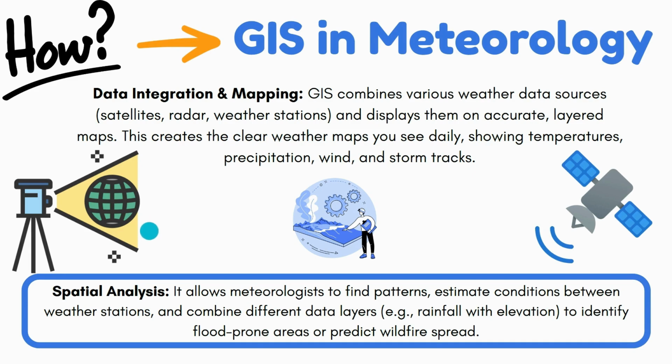It's also important for spatial analysis. It allows meteorologists to find patterns, estimate conditions between weather stations, and combine different data layers, for example, rainfall with elevation, to identify flood-prone areas or predict a wildfire spread.